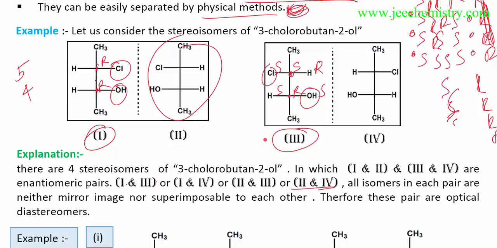So we don't need to check whether R S are different or not, because it is time consuming. For cross check we can check, but if you do not want to check the mirror image and superimposability, then we have to find the R S. If at least one R S is different, then they will be diastereomers.